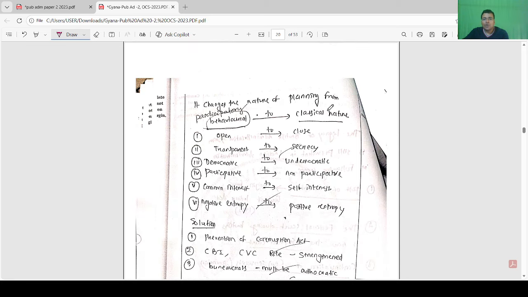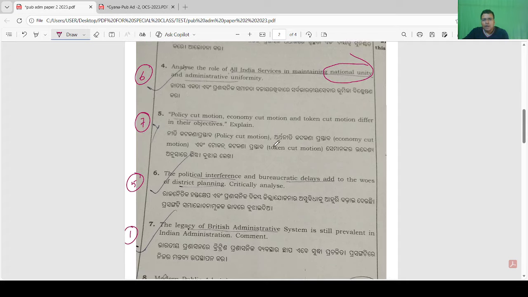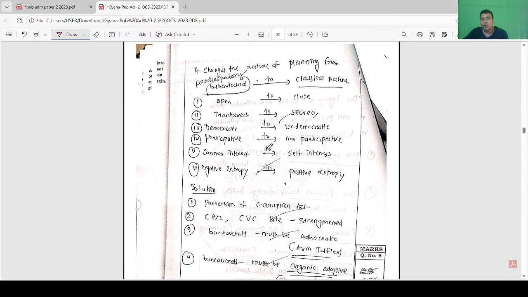It changed the nature of planning from behavioral to classical, open to closed, transparent to secretive. Why? When there is political interference and bureaucratic delay, it results in a classical organization.